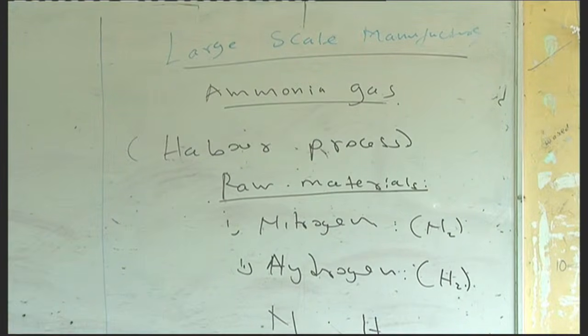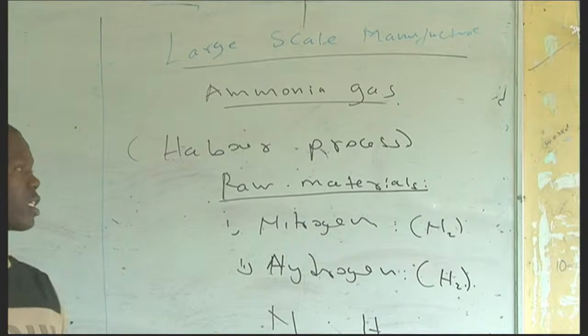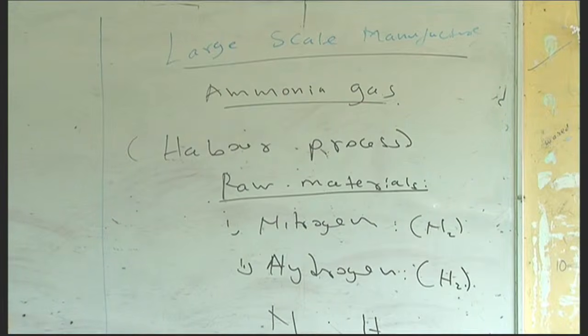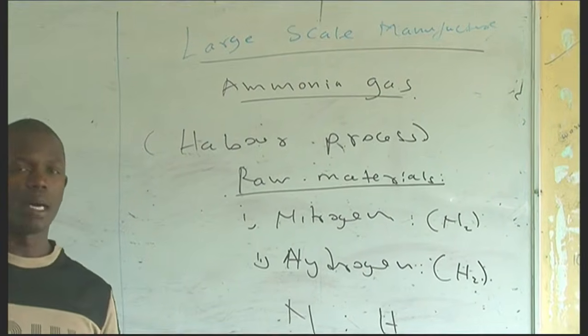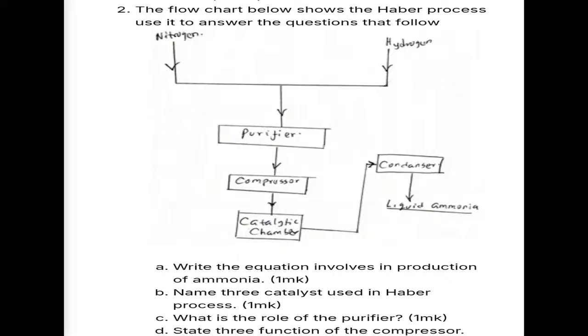So I'm going to bring for you the flowchart for us to describe how these two gases are used to manufacture ammonia gas. We want to see how those gases are manufactured from the flowchart that is going to be displayed.